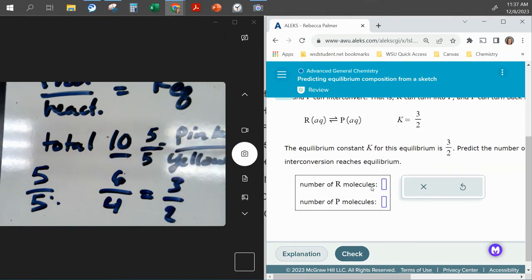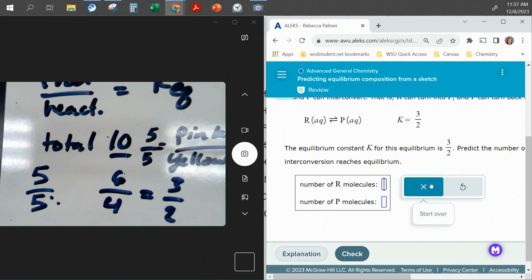Okay, this is also kind of annoying that we've been using products over reactants, and then they switched the answer box. The answer box has reactants on the top and products on the bottom. So this is my reactants, so that's 2. And my products are 3. Oh, but not that. How many? This is the ratio, the simplified. We need 6 and 4.